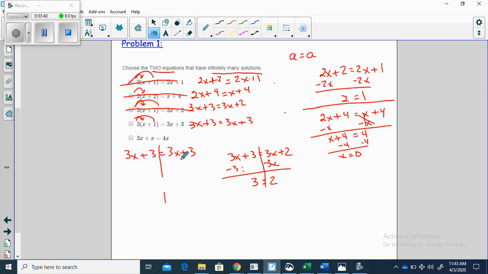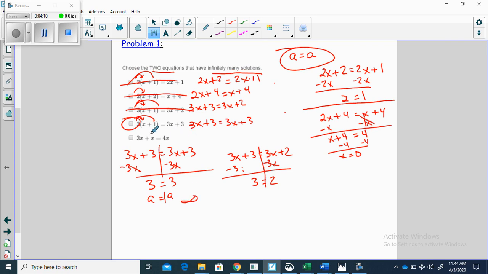They're exactly the same on both sides of the equal sign. That's going to give you A is equal to A, but let's work it out and see. Let's subtract 3x from both sides. And I wind up with 3 is equal to 3. That's A is equal to A, just like we're talking about here. Therefore, this has infinite number of solutions.